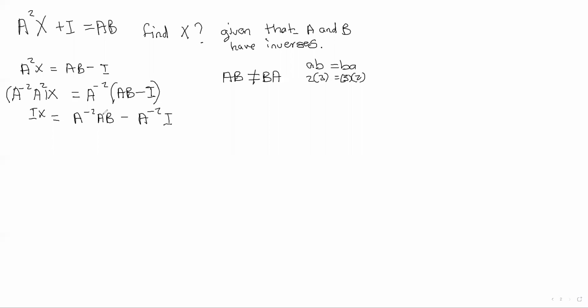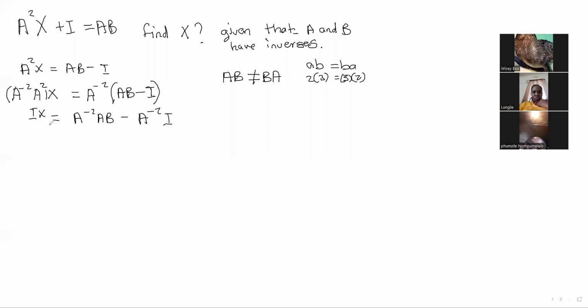Now I see we've got new people. Basically, we're trying to find X here, and we put A minus 2 on the left-hand side, and we do the same thing on this side. We don't put it on the right-hand side because of this rule: AB is not equal to BA when multiplying. So even when multiplying out, you're not going to take the A minus 2 to this side. It always remains on the left.